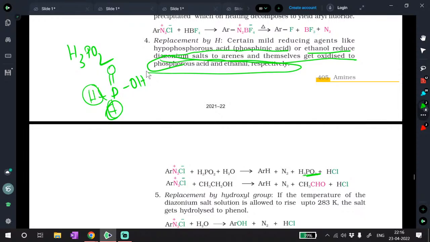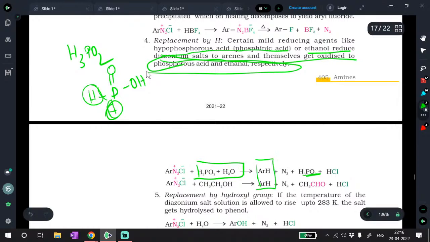So H3PO2 and water. We are going to see here H3PO2 gives arenes, ArH. What is an arene? Benzene.